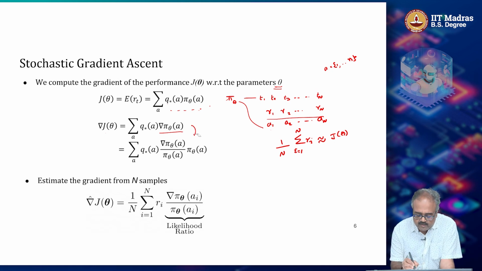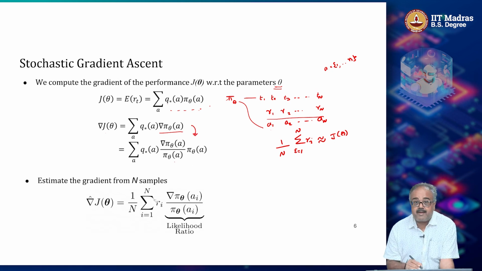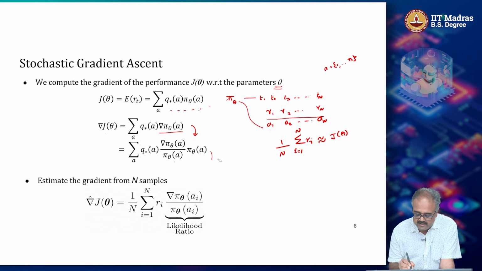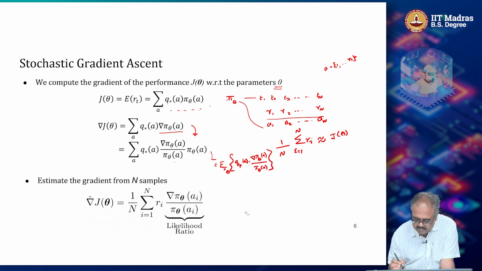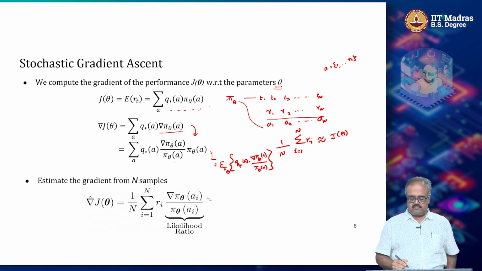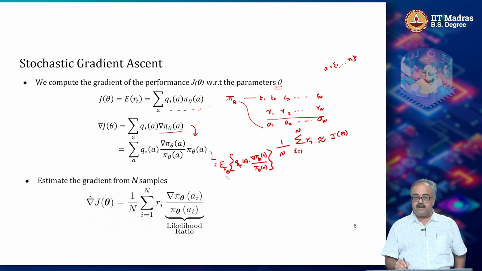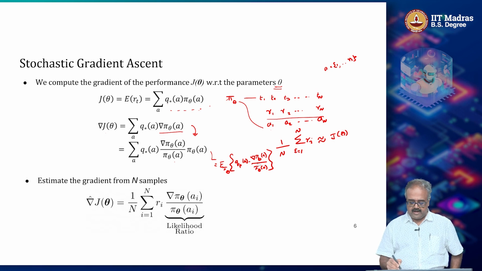So, to convert this into an expectation, I multiply and divide by pi theta. Now, this I can write as the expected value under pi theta of q star a into gradient of pi theta by pi theta.